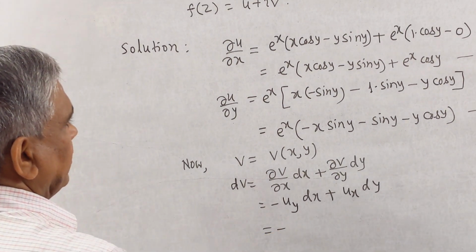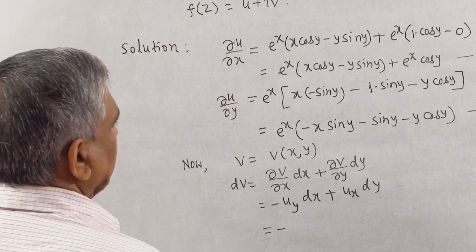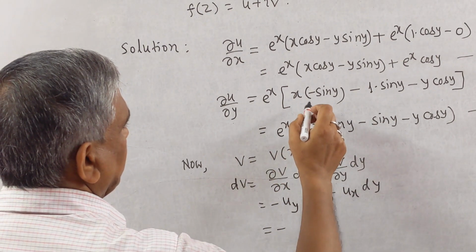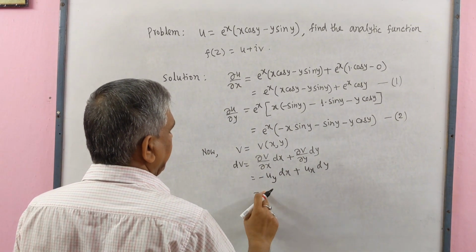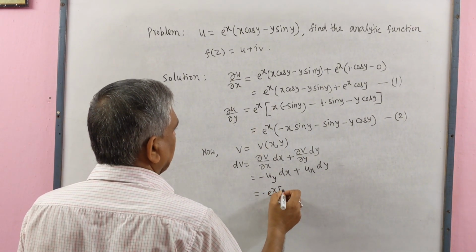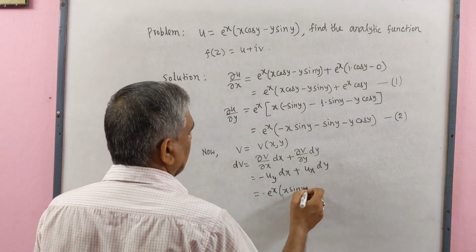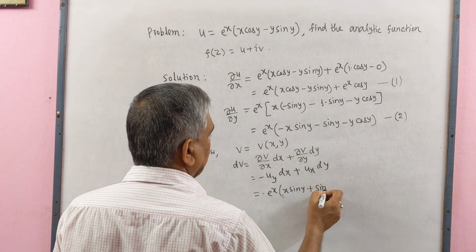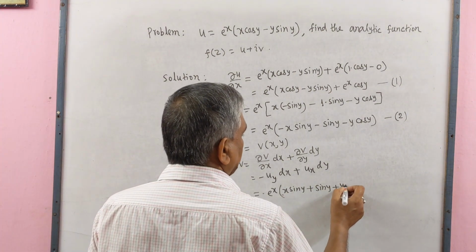Minus uy is this quantity; all are negative terms, so with the minus it becomes positive. So e^x (sin y plus sin y plus y cos y) is minus uy.